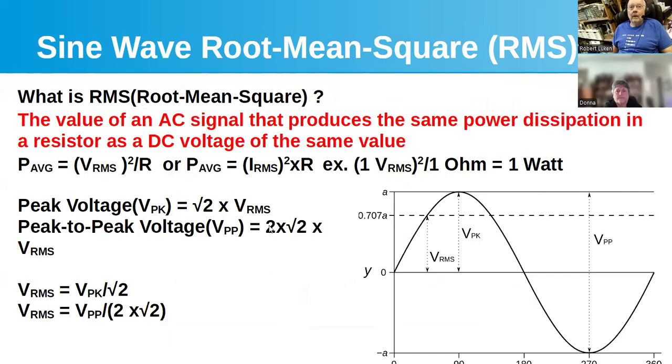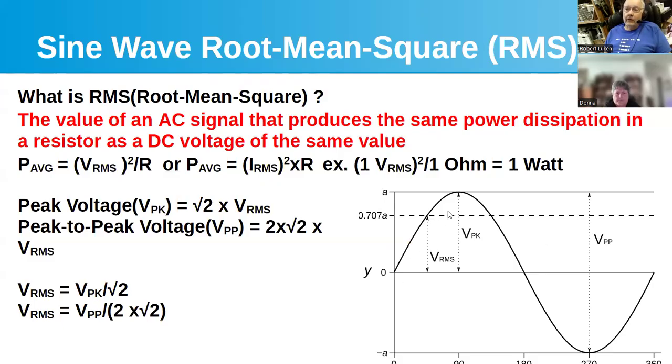Now a harder one. We'll talk about RMS, root mean square. It's not as complicated as it sounds. The purpose is to figure out what the average amount of voltage or current or power is.